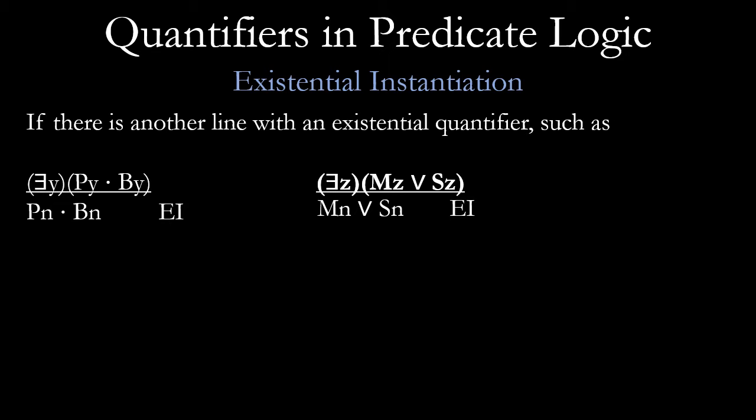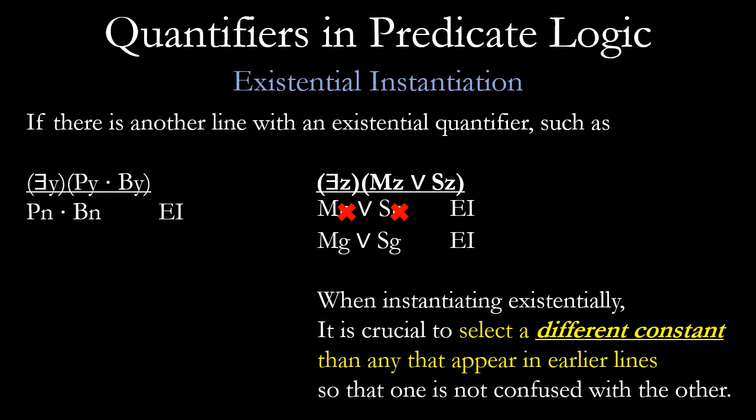But we cannot do that because we cannot assume that this second line, this line on the right, refers to the same thing as the line on the left. So we can't use the same constant as the previous instantiation from an existence. We have to use a different one. So the rule is, when instantiating existentially, it's crucial to select a different constant than any that appear in earlier lines, so that one is not confused with the other.